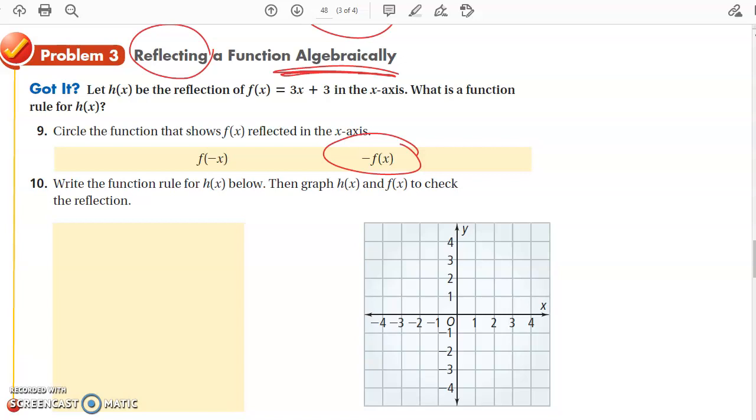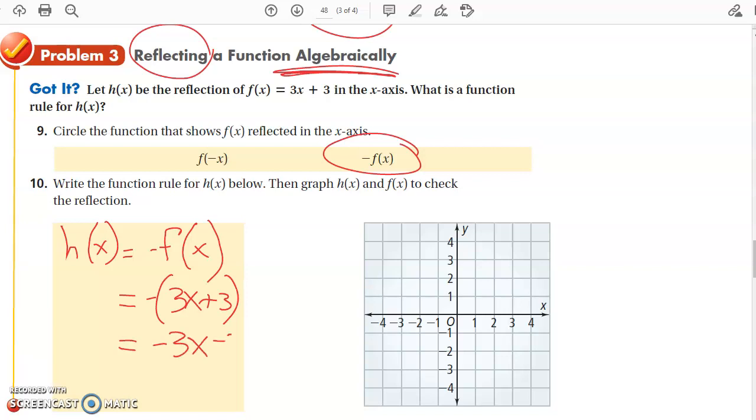So we're going to do h of x equals negative f of x, right? And we're going to do h of x equals negative (3x plus 3), and this negative sign is going to be distributed to both those parts.